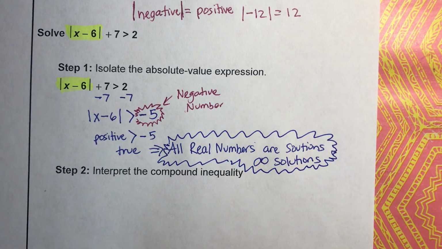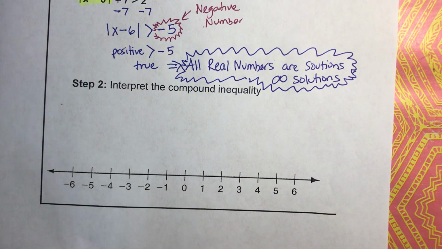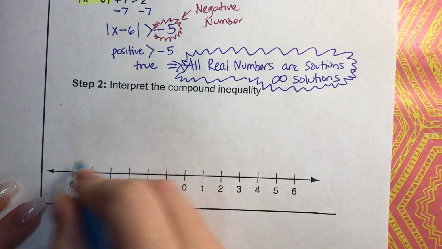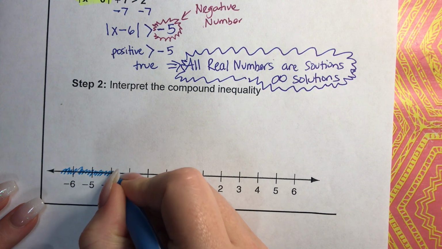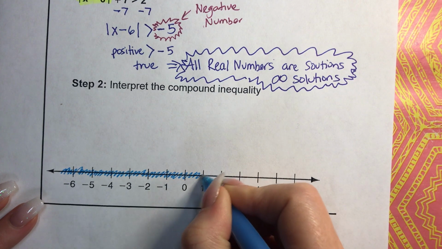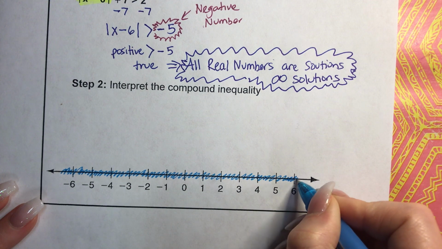All right, now let's go down here. Now I just wanted to show you how you graph something that is all real solutions. And when you graph something that's all real solutions, you literally just graph everything. You put arrows on both sides of it.